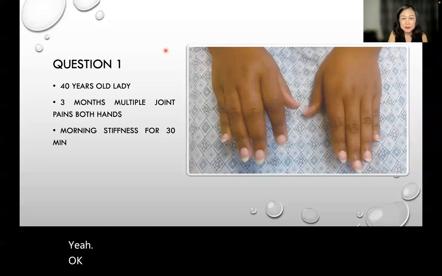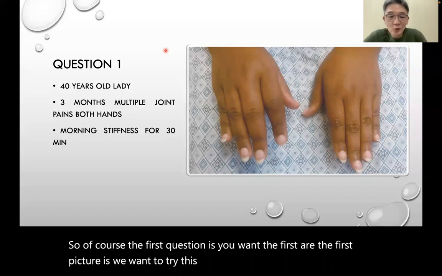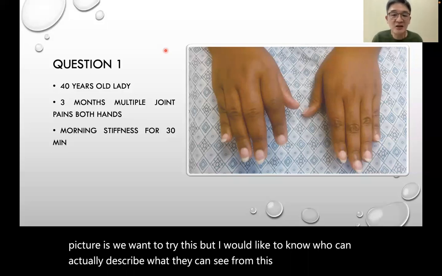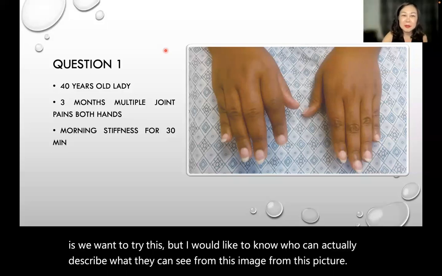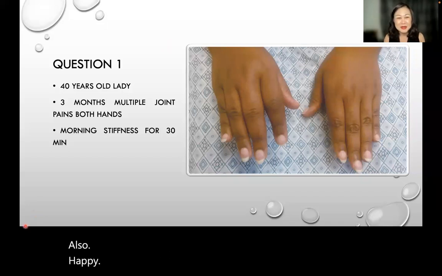Okay, so of course the first picture is rheumatoid arthritis, but I would like to know who can actually describe what they can see from this image. This description is very important, because Dr. Cheah is also an examiner, so you better know him and be friends with him. He's an examiner for PACER. And Sunway Medical Center is, I think, the first private medical center to be a center for examination for MRCP.